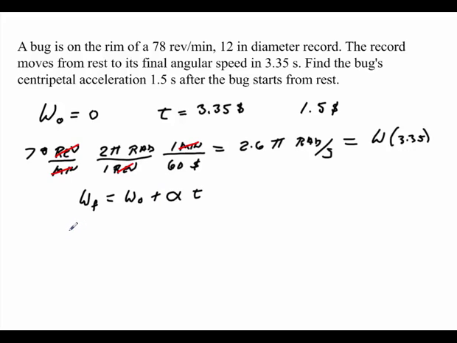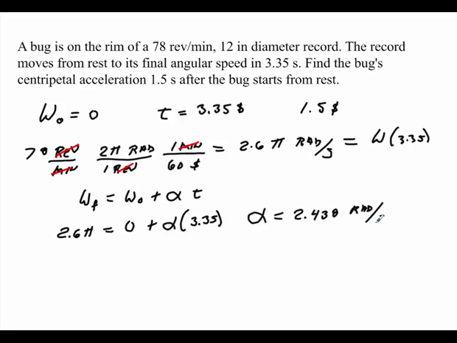The final value is 2.6 pi, the initial is 0, plus our angular acceleration times the time it took, which was 3.35. So we'll solve for that. I'll get rid of the pi: 2.6 times pi, divided by 3.35. That gives us an angular acceleration of 2.438 radians per second squared.